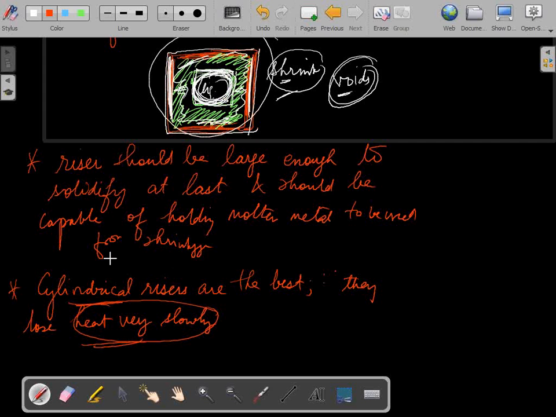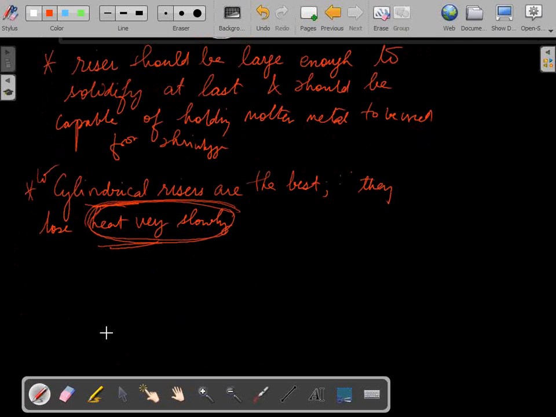Okay, so in this point, it says that it should lose heat very slowly. Heat very slowly means the rate of decrease of temperature inside the riser should be very less. It should stay liquid for as long as it can, so that as the casting freezes, the compensation can be done. Okay, so for this purpose, cylindrical shape is the best to use, as they lose heat very slowly. Now, what are the factors that govern this thing? I'll just tell you after one more point.